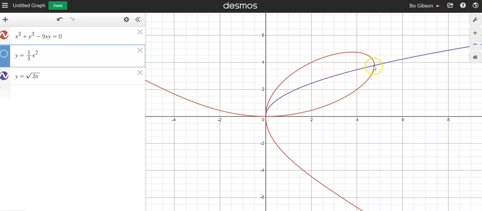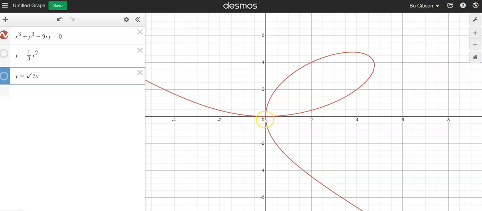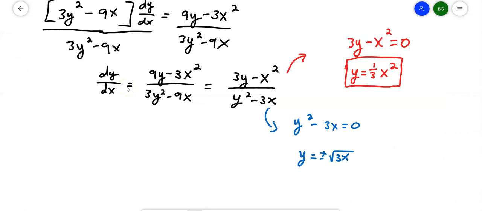So notice that right here at that intersection, sure enough, it certainly seems like we're going to have a vertical tangent. And also, at the origin again, it looks like a vertical tangent because this thing kind of loops back around on itself. And so if we have an expression to describe the rate of change, we can find where all these tangents lie. Let's go ahead and find maybe one more example here.